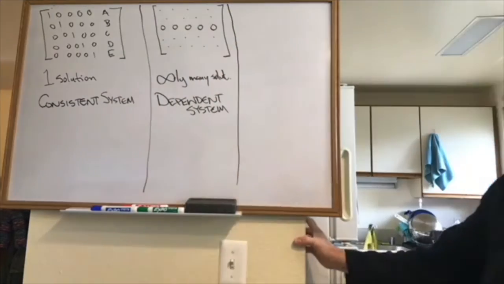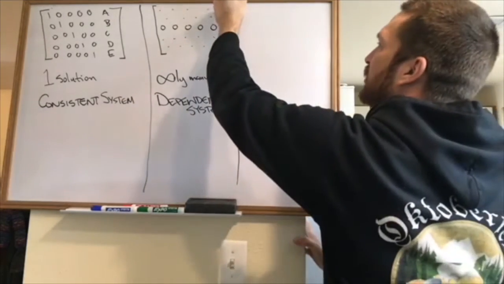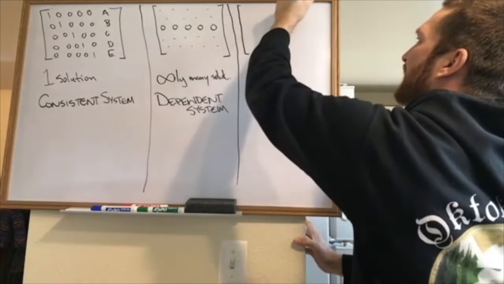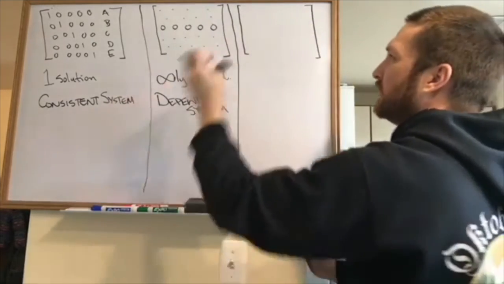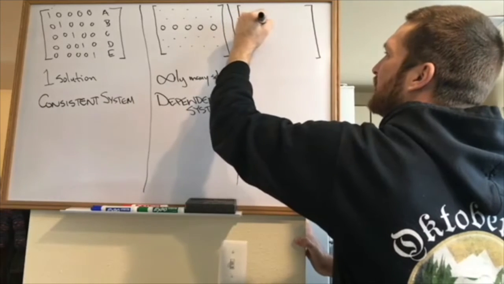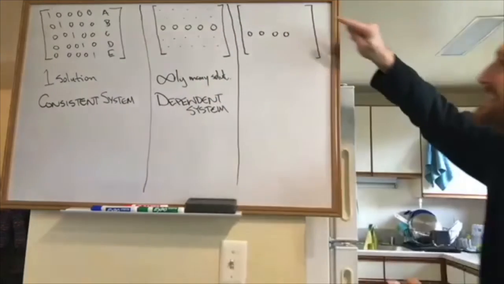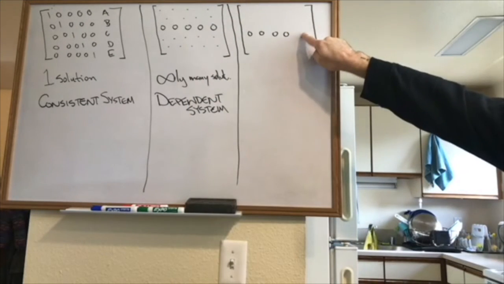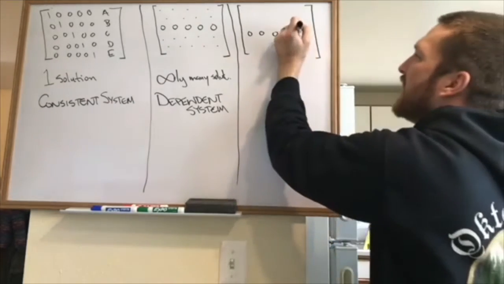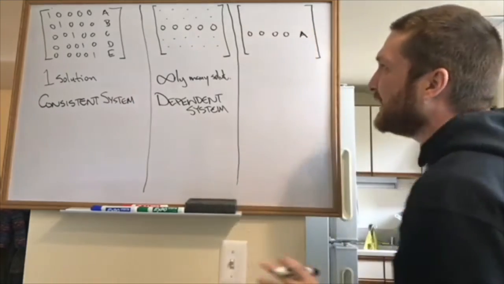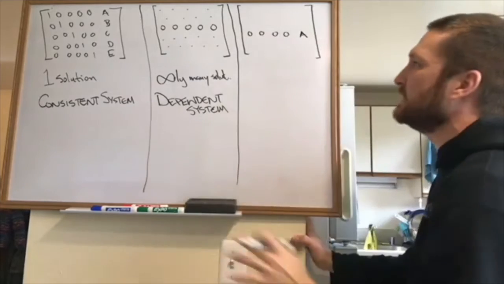The final picture is you're going along, you're solving your stuff, and at any point along the way, you end up with an entire row of zeros except for the last thing. This last thing right here on the far right is not zero. We'll just call it A. It's some number that's not zero.